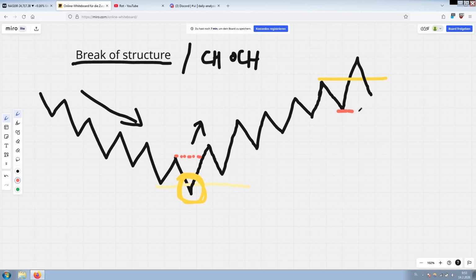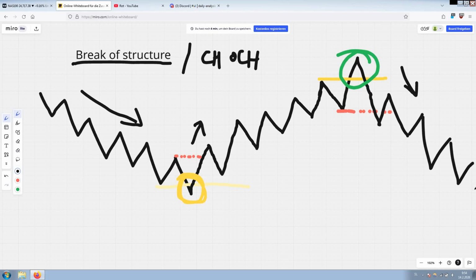So here is the most recent low. Once we body close below that, boom, we body closed below it. Now we have confirmed that this was a liquidity sweep. So now we entered from a bullish trend into the bearish one. And then so on and so on.